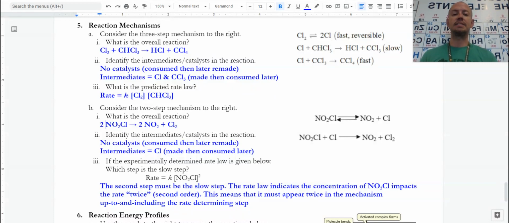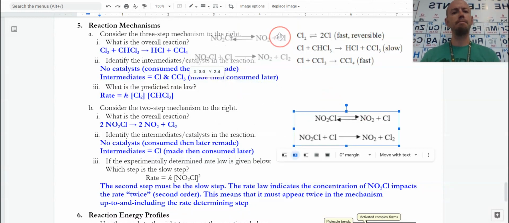So the second step is important to our overall rate. If we had different data that said it was first order, then that might mean that this first step is slow. We could draw a line there, and no matter how much I put in, it doesn't go any faster than this, because maybe in this instance, breaking off that Cl just requires a lot of energy or the perfect orientation.